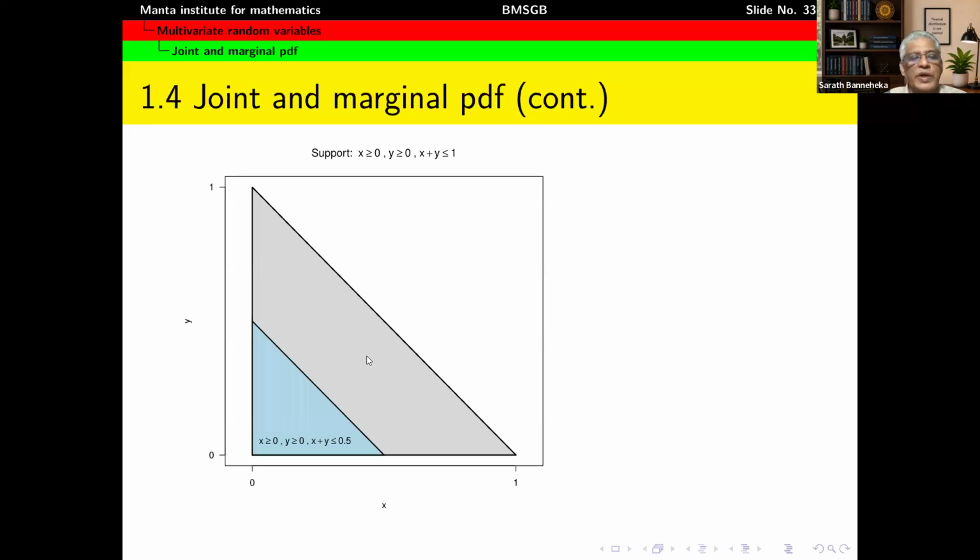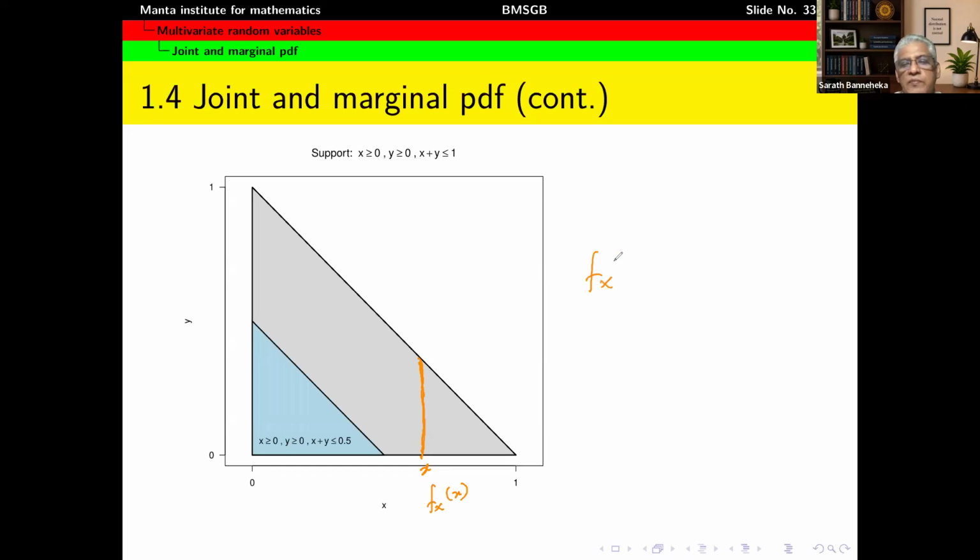If you want to get the marginal density function of capital X at some value, say small x, what you have to do is integrate the joint density. Let's consider some point here, say x. At this point, you want to find out fx of x. So you have to integrate the joint density function along this line from here to here.